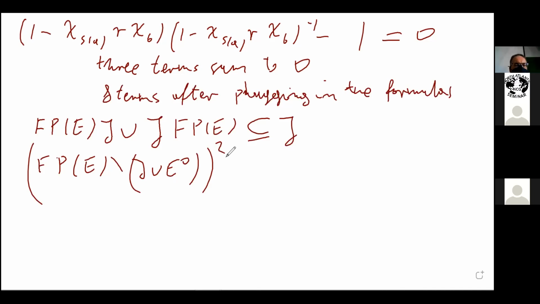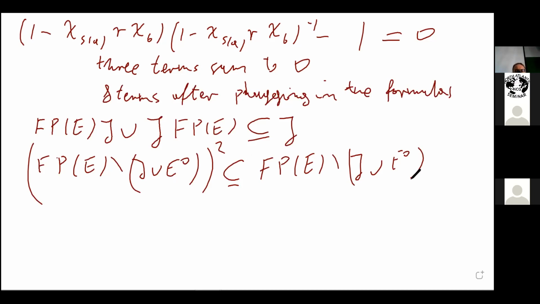And if I square it, I will again be in this set FPE minus J. Okay, the lemma actually makes a statement only for FPE minus J.